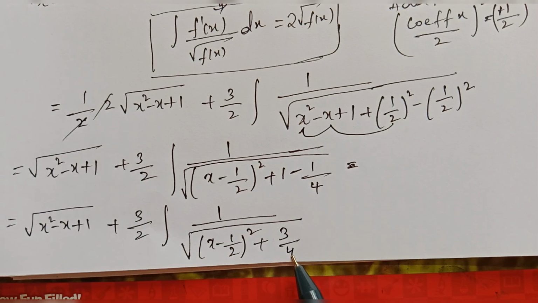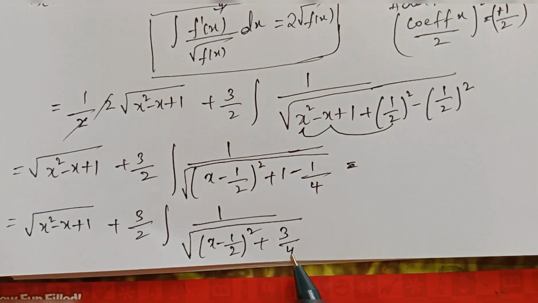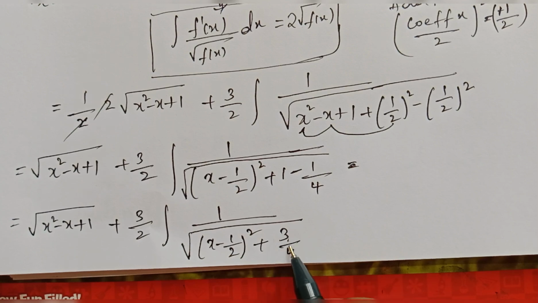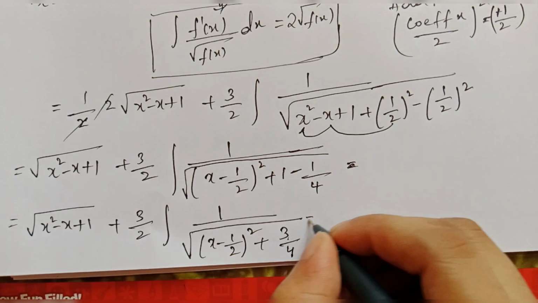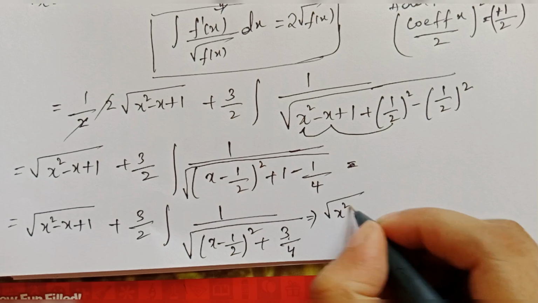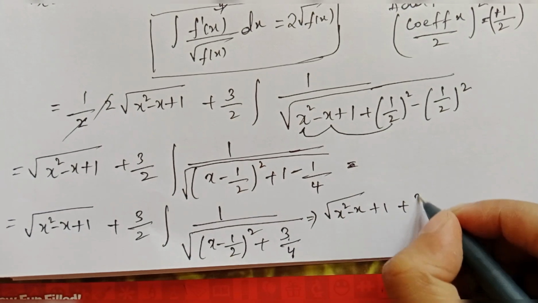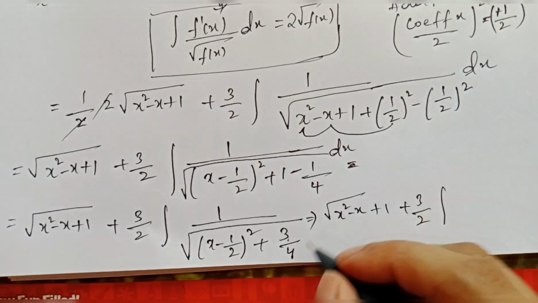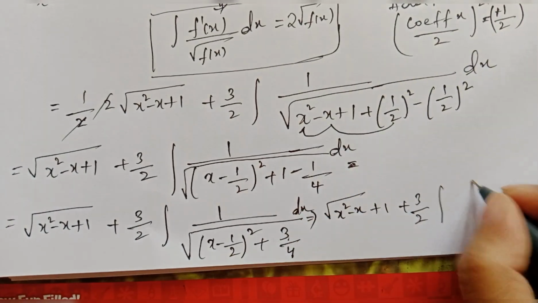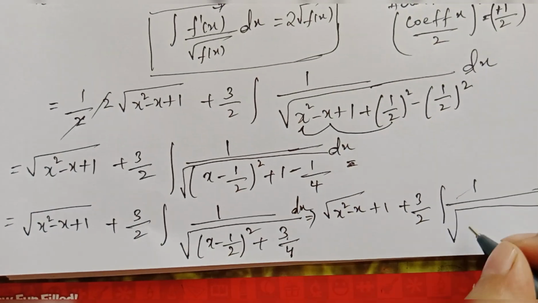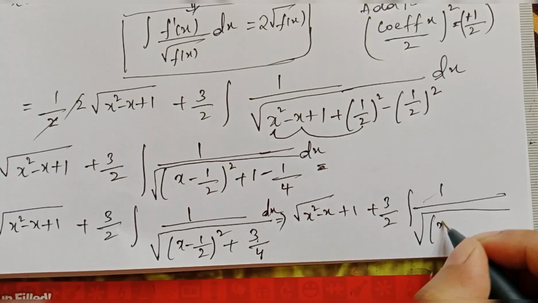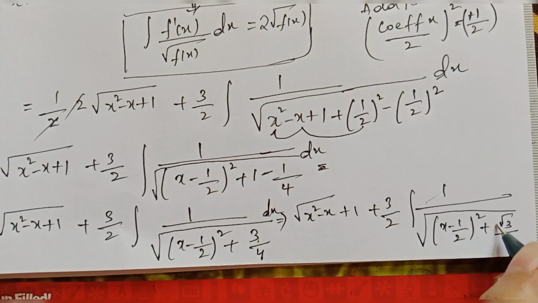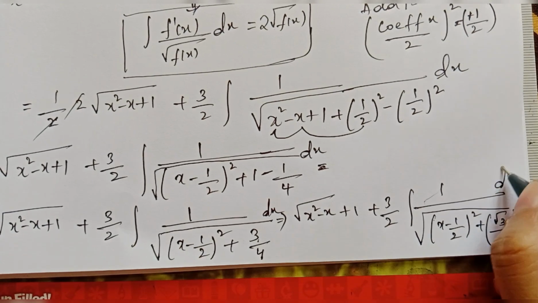The square root of 4 is 2, and root 3 is not a perfect square, right? So we can write this term as root 3 by 2 whole square. So this is equal to root x square minus x plus 1 plus 3 by 2 integral, write dx here, don't forget, 1 by root of x minus 1 by 2 whole square plus root 3 by 2 whole square dx.